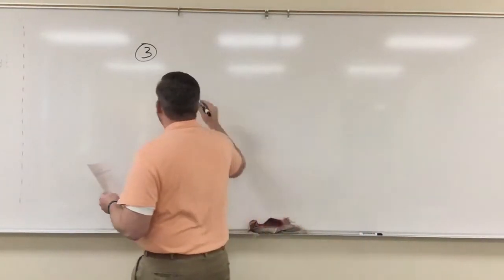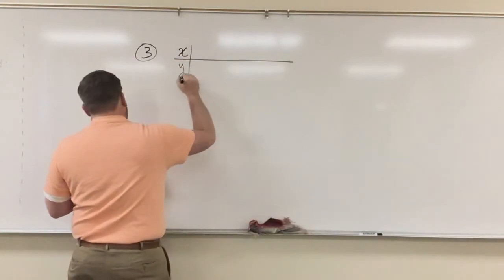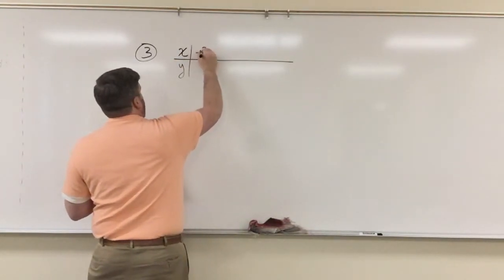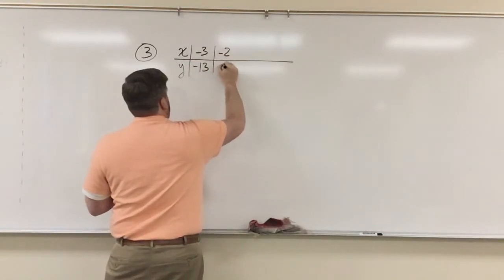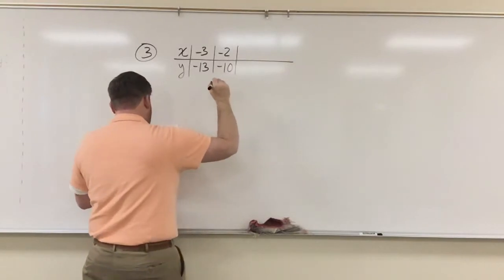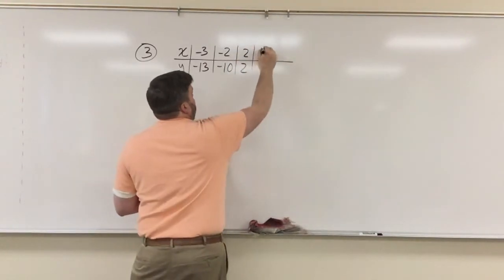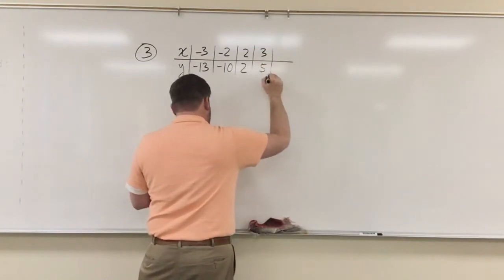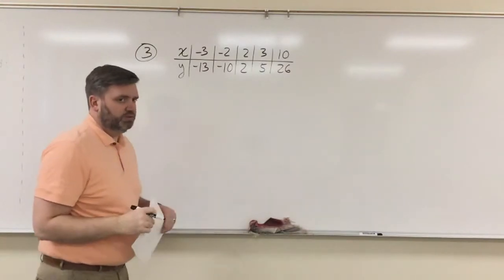All right. -3, -13, -2, -10, 2, 2, got the ballerina point right there, 3, 5, and 10, 26.